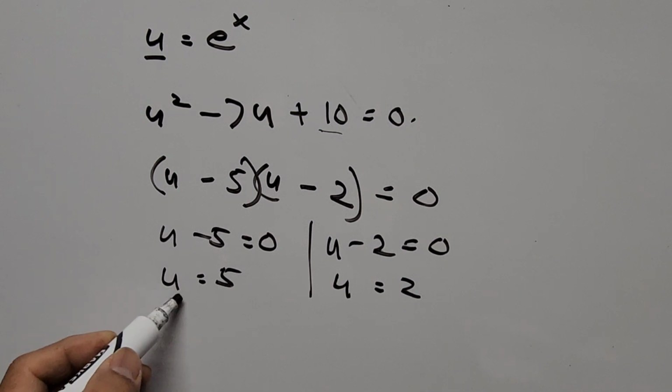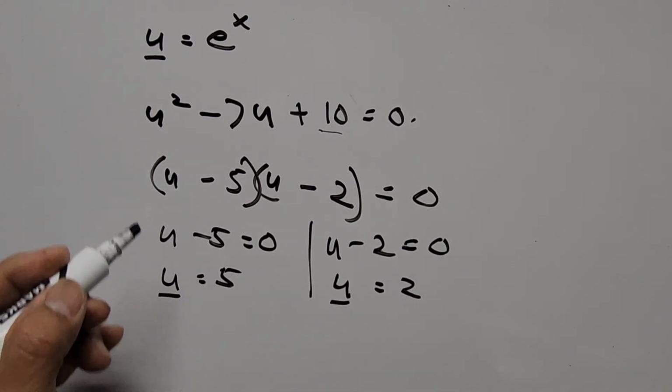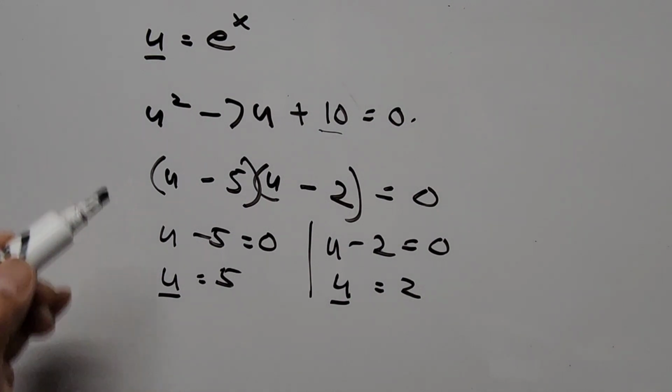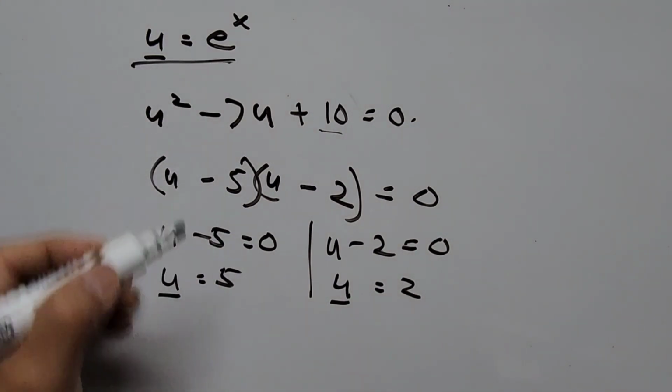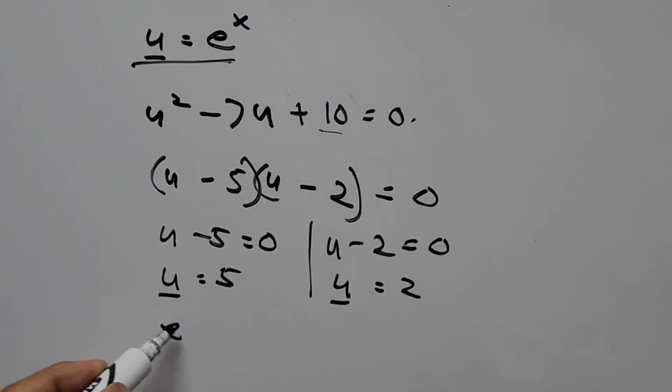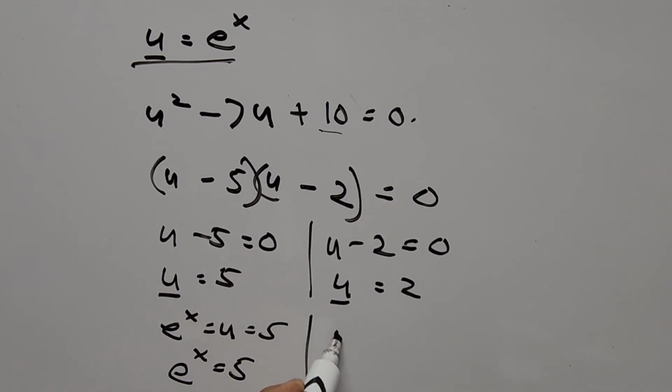Since variable u is a substituted variable, we can recall that the value of u is e to the power of x. So e to the power of x is u, and here it's equal to 5: e to the x is equal to 5. On the right-hand side, e to the power of x is equal to u, and u here is 2.